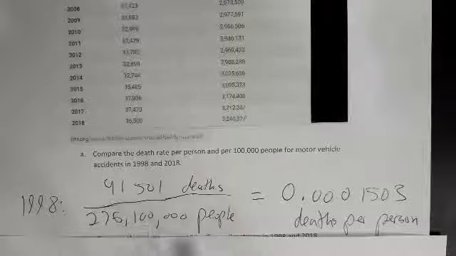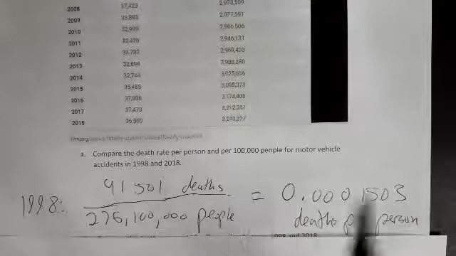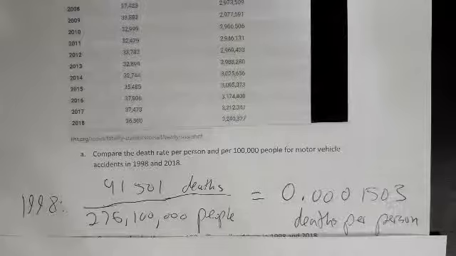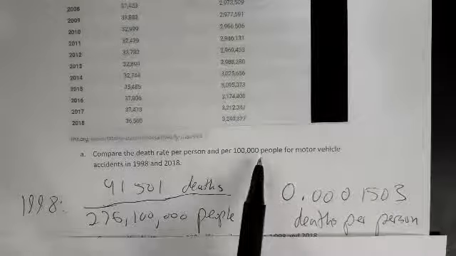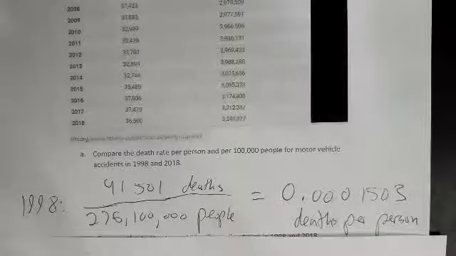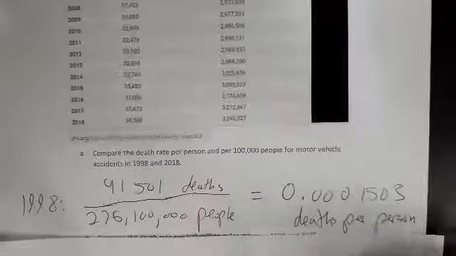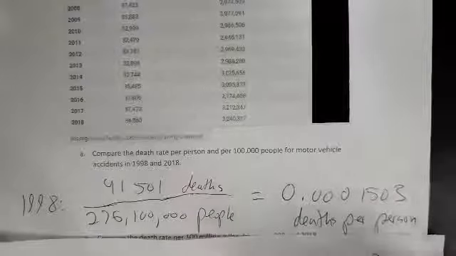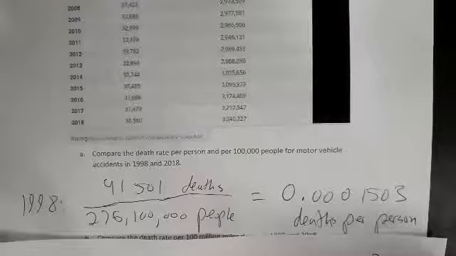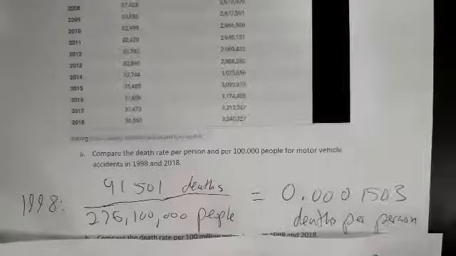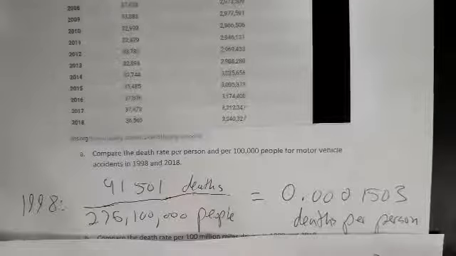So we're either dividing the denominator by 100,000 or multiplying this thing by 100,000. If we're multiplying, it should get larger by 5 places. So if we go 1, 2, 3, 4, 5, I think we're getting about 15.03 deaths per 100,000 people.